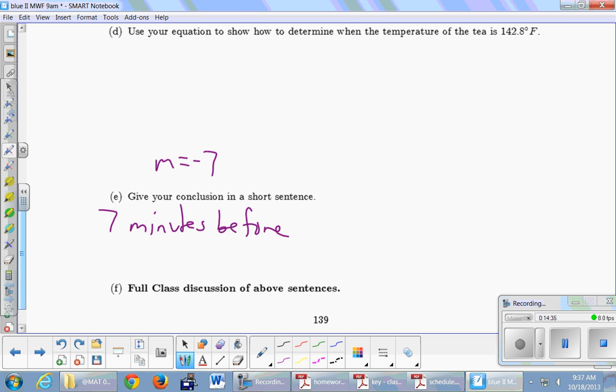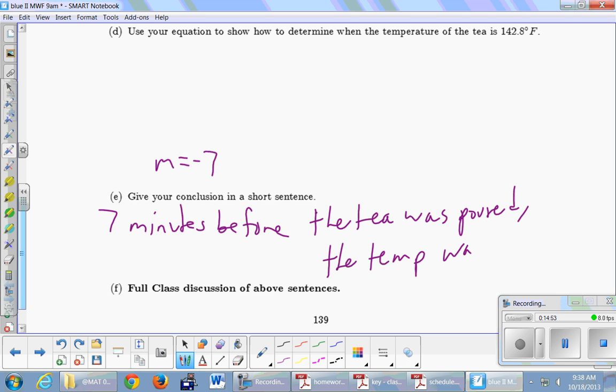The negative is going to be captured in that word before. So 7 minutes before what happened? The tea was poured. The temperature was, in this case, 142.8.